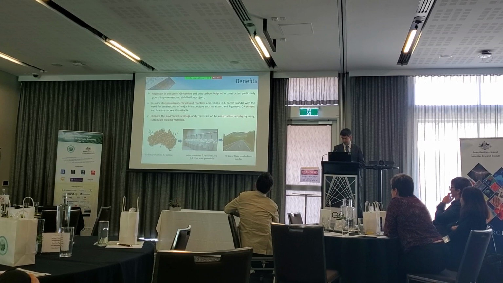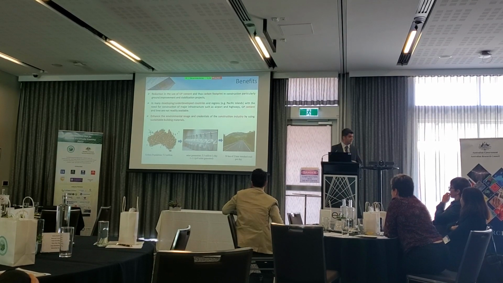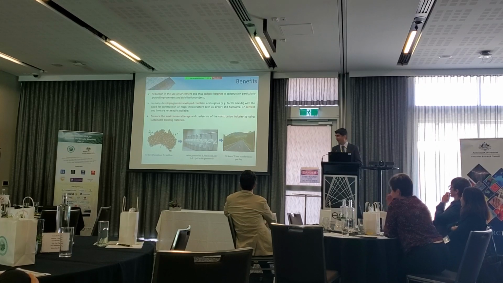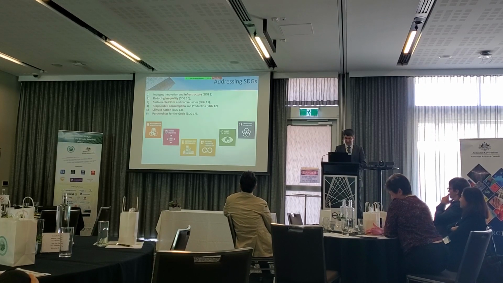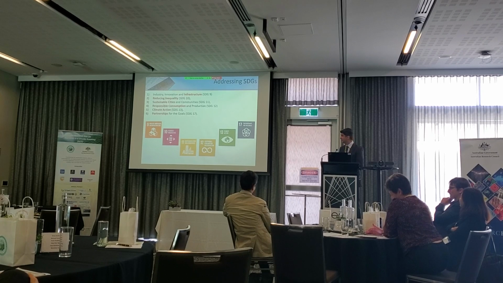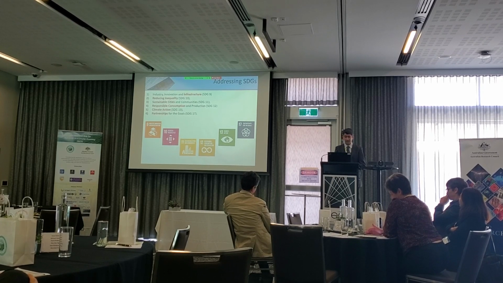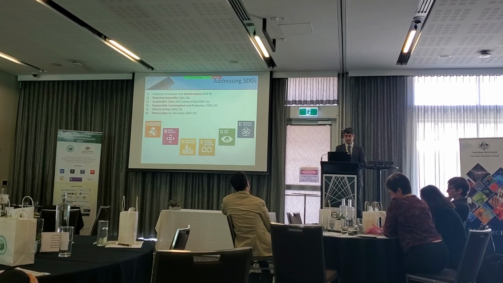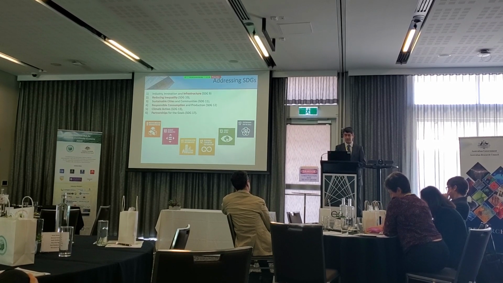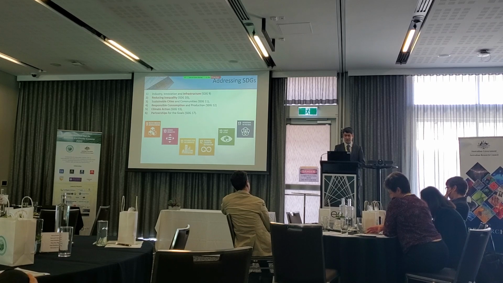Also this is a competition, I guess, as you like to use it for fertilizer, but we have some use there as well. And this addresses quite a number of SDGs, including industry, innovation, and infrastructure, reducing inequity, sustainable cities and communities, and so on.